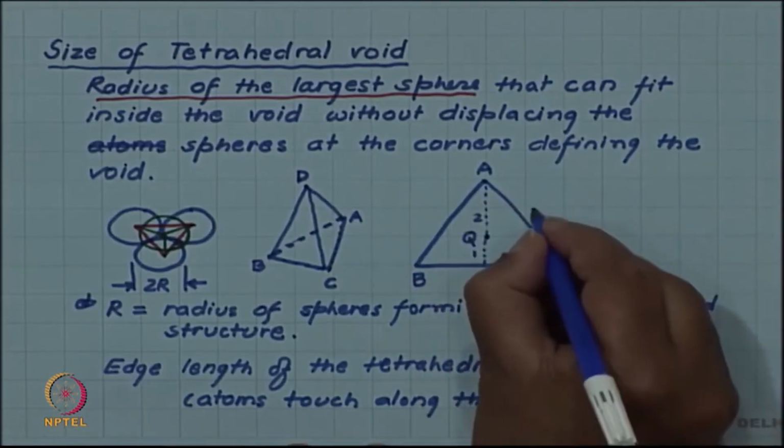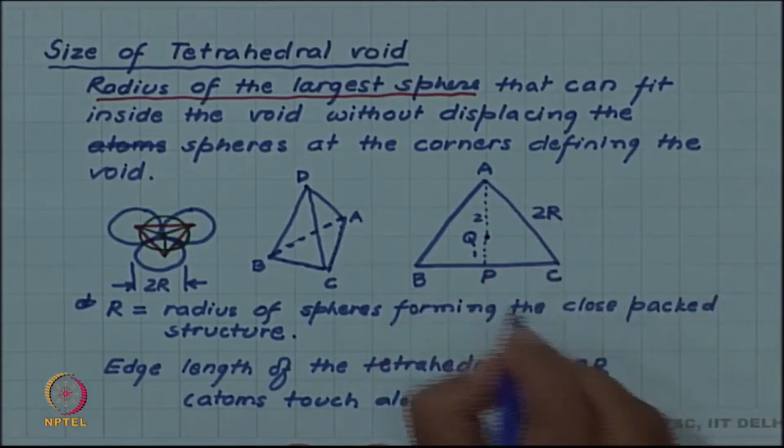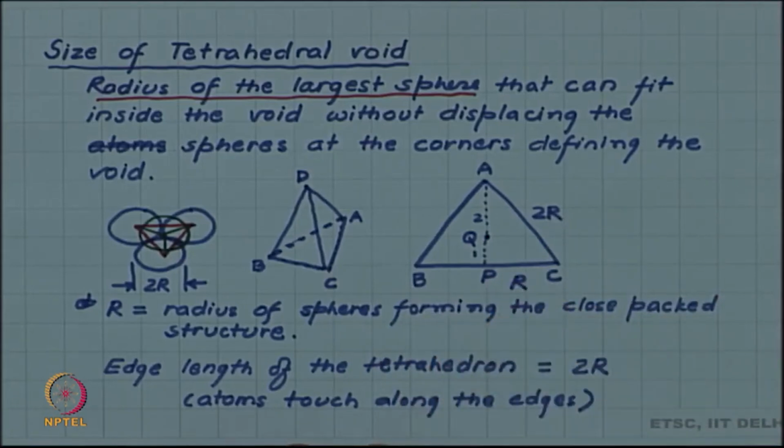So, AC for example becomes 2r and PC, which is half of the edge, becomes r.